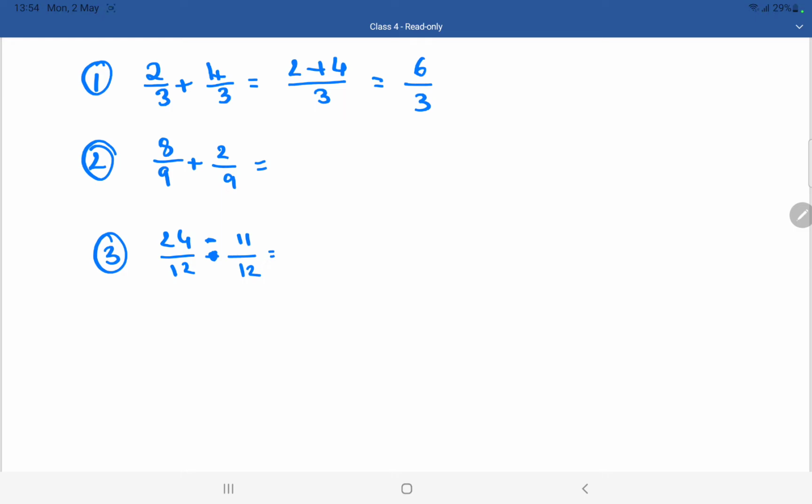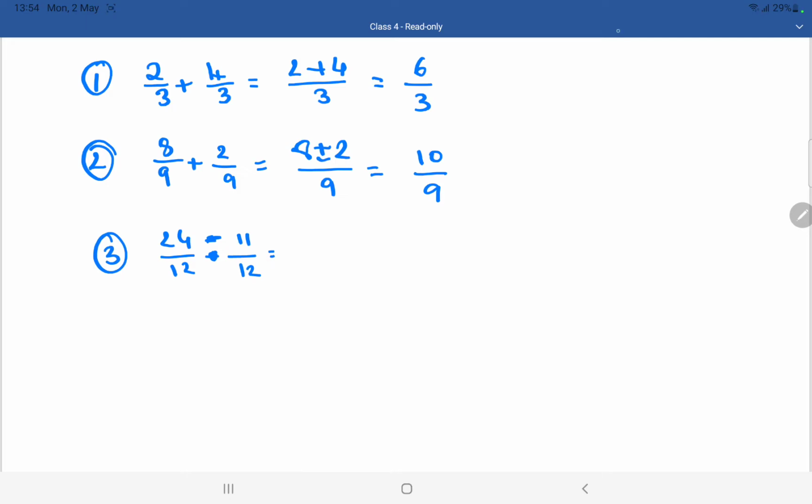Coming to the next question, both the denominators are the same, so they are like fractions. So I will add the numerators and keep the denominator the same, which is 10 by 9. Coming to the next one, it is a subtraction symbol. Both the denominators are the same, so they are like fractions.